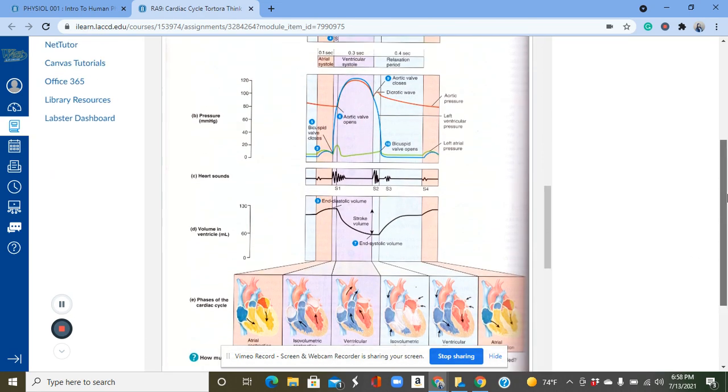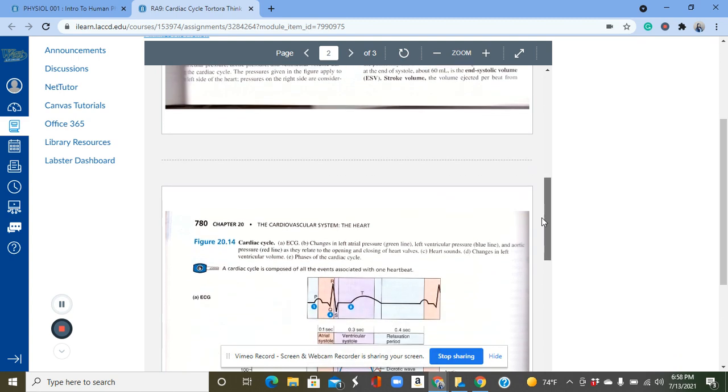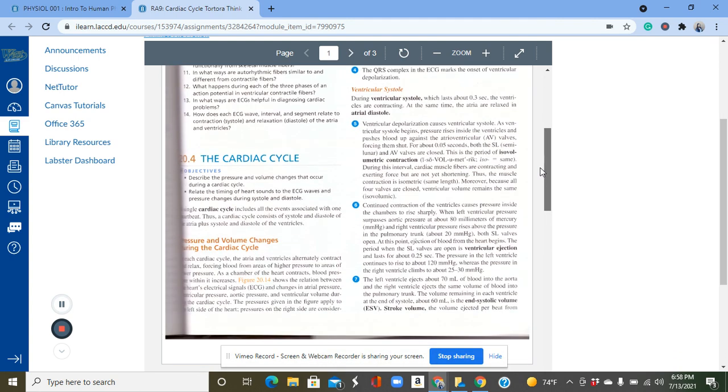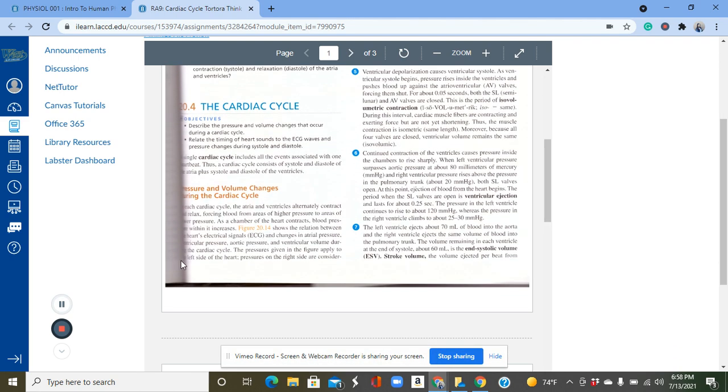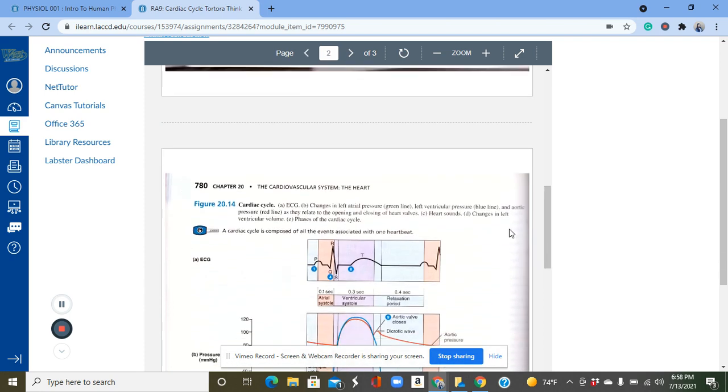Before I move on to the relaxation period and the last topic, heart sounds, I will look over figure 20.14 because it has been referred to in the first parts of the text. Figure 20.14, cardiac cycle. A, ECG.